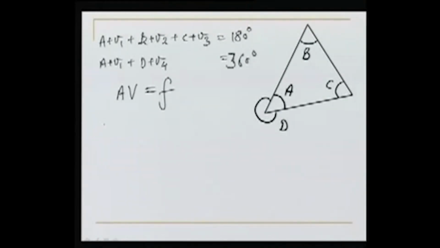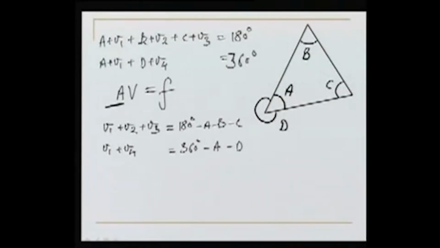Well, I am writing it as now V1 plus V2 plus V3 is 180 minus A minus B minus C, as well as V1 plus V4 is 360 minus A minus D. So all the constant terms are now on right hand side.